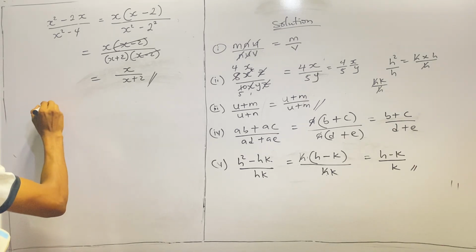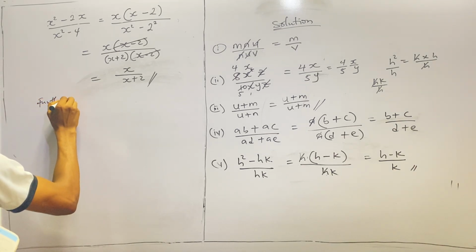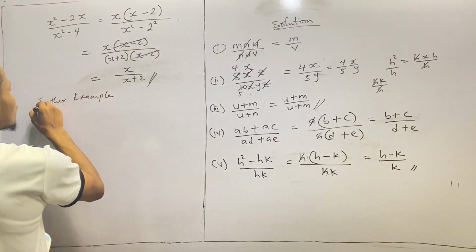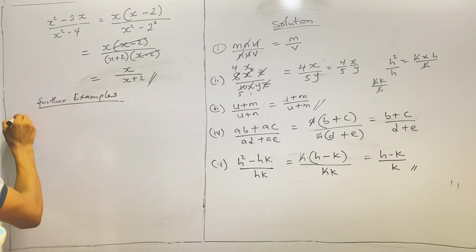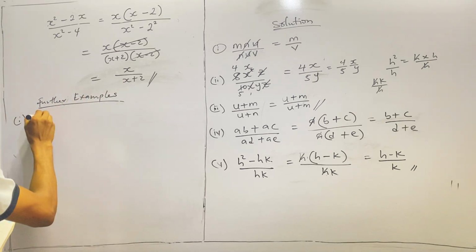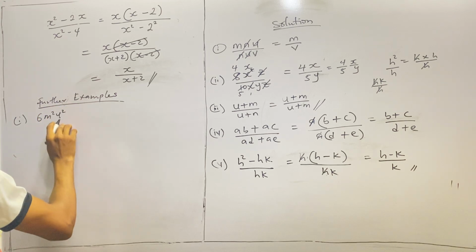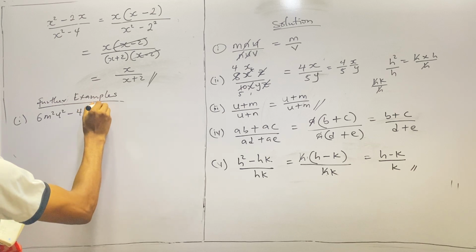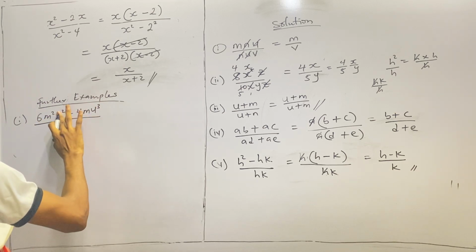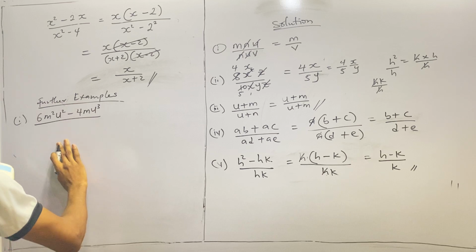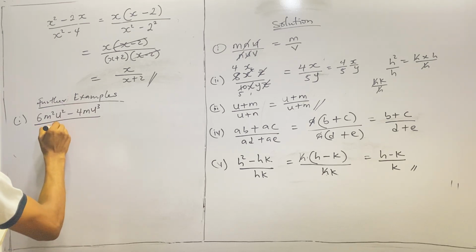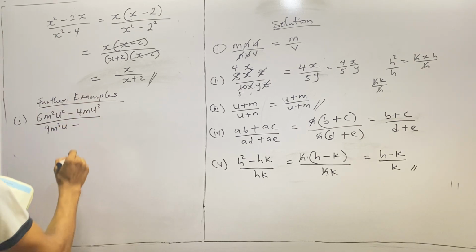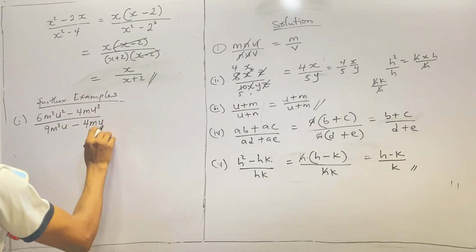For the examples, the first one: 6m squared u squared minus 4m u cubed, this is u, please, over 9m cubed u minus 4mu cubed.